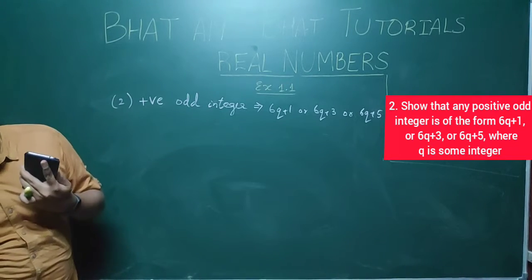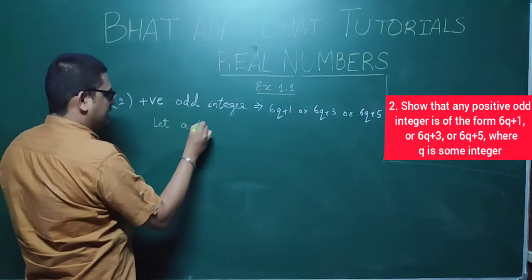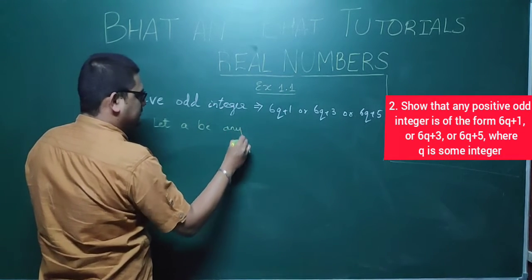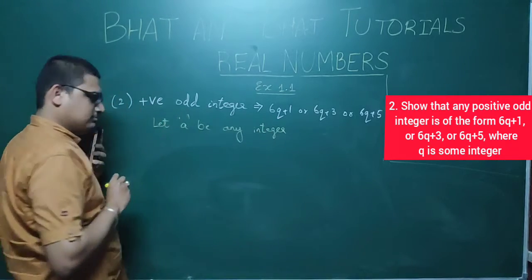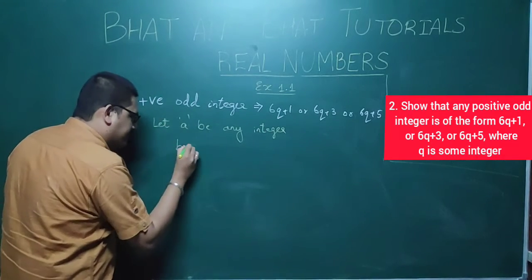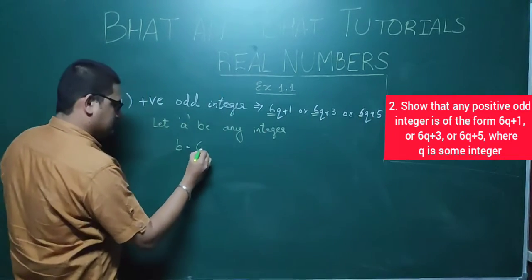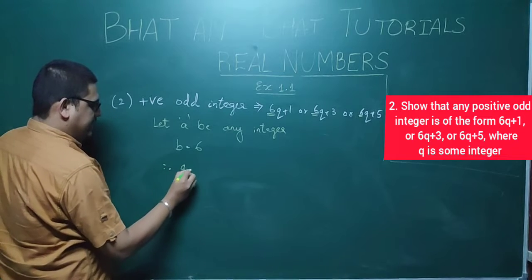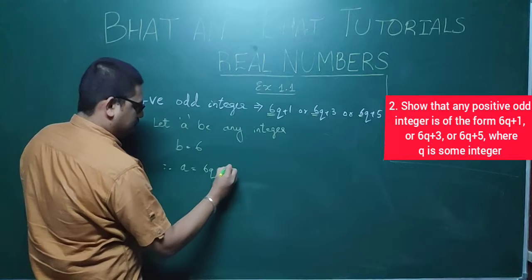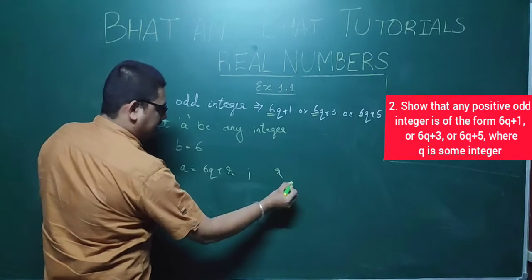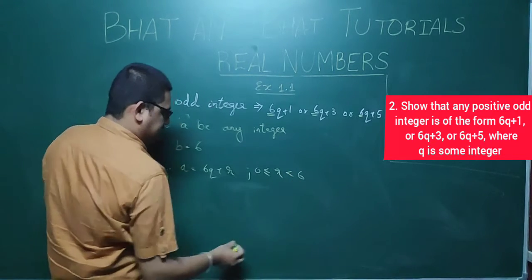So, as I told earlier, what is my procedure? I will say let a be any integer. Correct? Next, I should say what is b? From the given question, I can say that my b is 6. Therefore, a is equal to 6q plus r. But from the division lemma statement, r should be greater than or equal to 0 and less than 6.